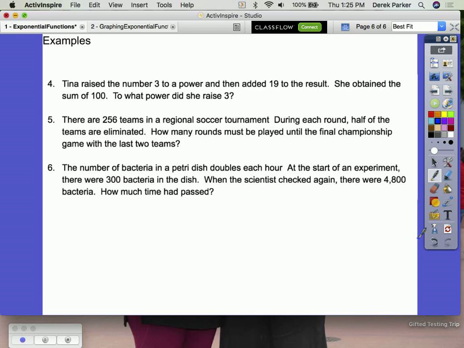Number 5. There are 256 teams in a regular soccer tournament. During each round, half the teams are eliminated. How many rounds must be played until the final championship game between the last 2 teams? So this one is a little tricky, but it's one half to the nth power times 256 equals 2, because I'm trying to get down to the last 2 teams.